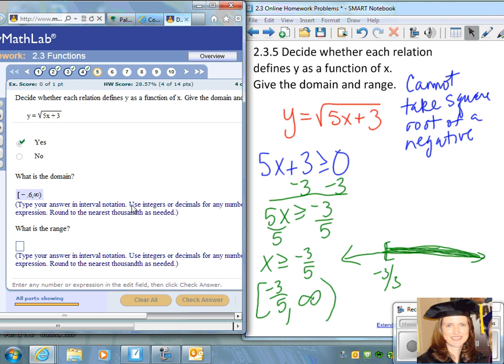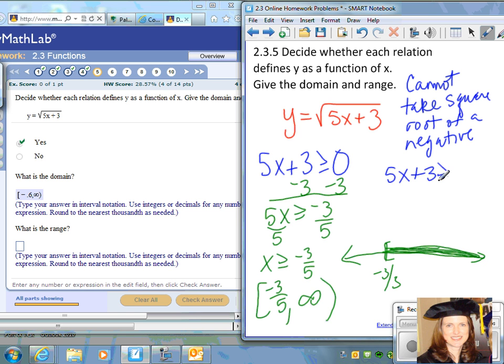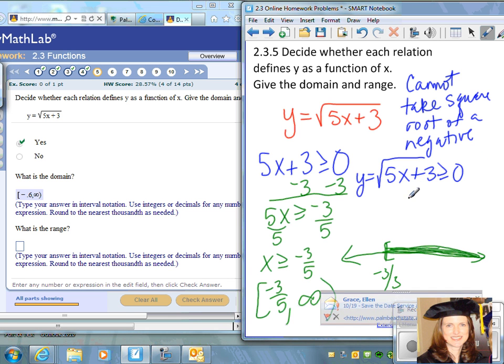All right, and then to determine the range. If we're saying that 5x plus 3 has to be greater than or equal to 0, then the square root of that has to be greater than or equal to 0. And that is actually what our y is.